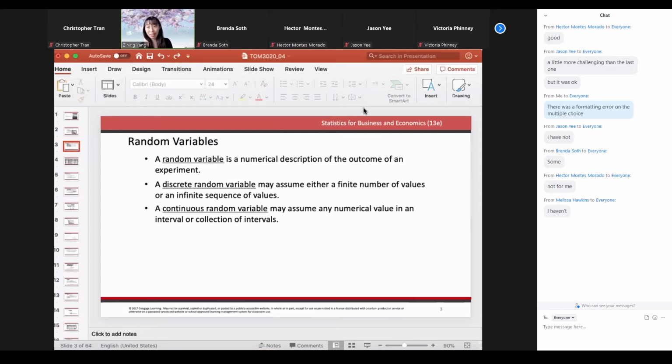I cannot have any decimal place. I cannot have 9.75. Those numbers don't make sense. So if my random variable is the number of students coming to class, then the constraint is that it has to be a whole number. Between 8 and 9, there's no value I can take. There's a gap.